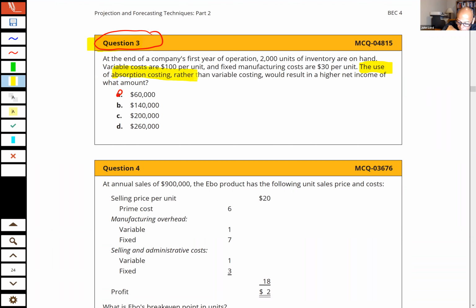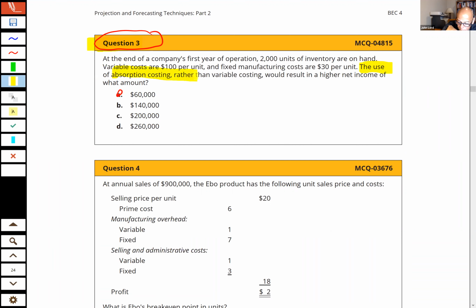It's the fixed manufacturing overhead cost that under variable costing would have already been expensed, reducing our net income, whereas under absorption, we're still carrying those costs on the balance sheet in the form of inventory, these 2,000 units. So we take the $30 times the 2,000 units, which gives us the $60,000.